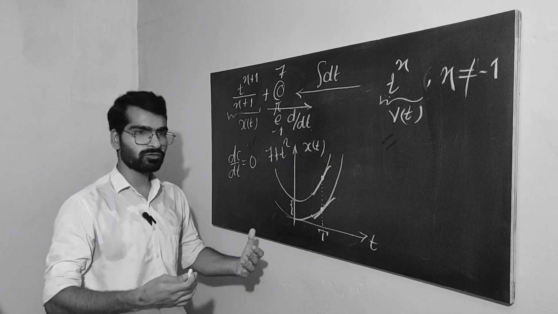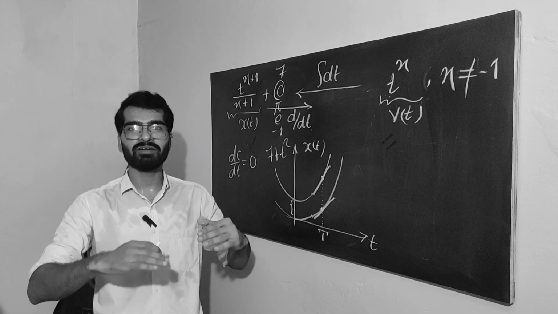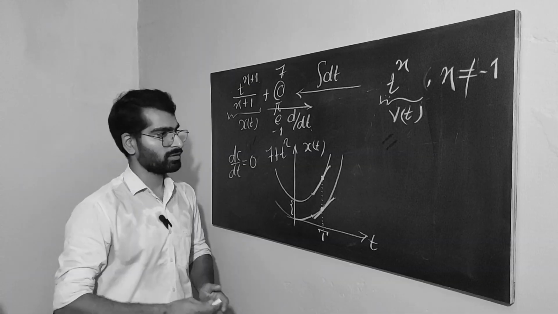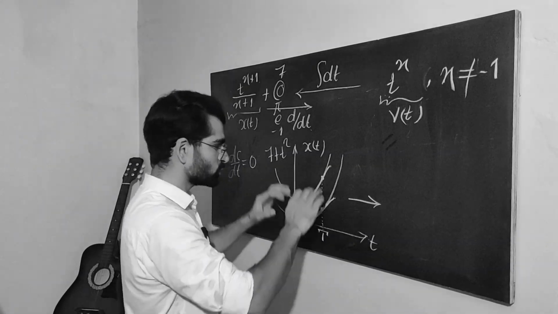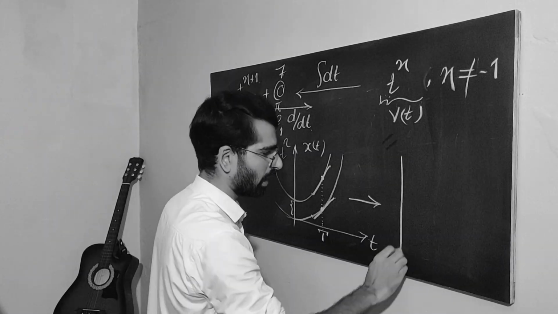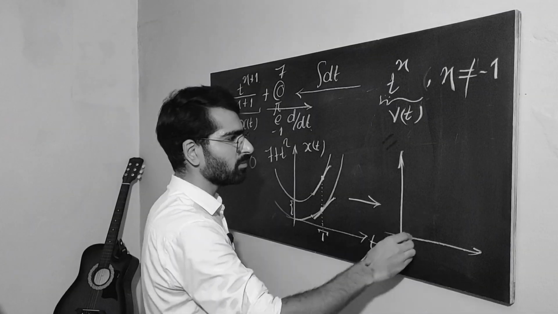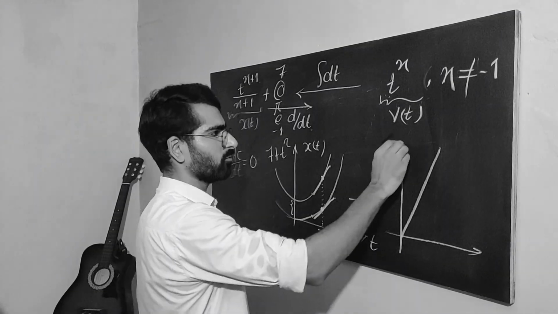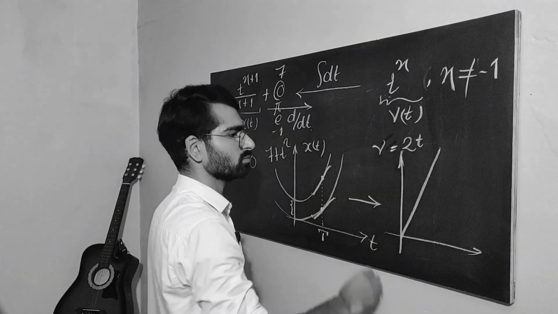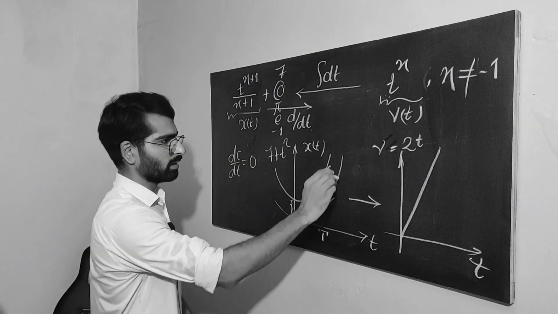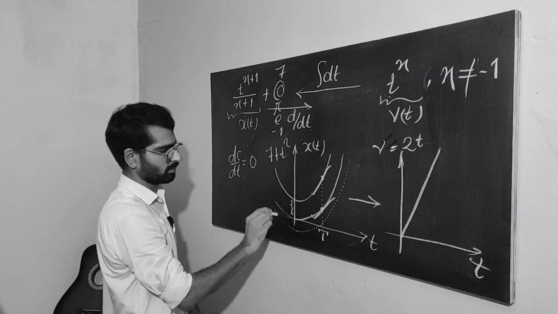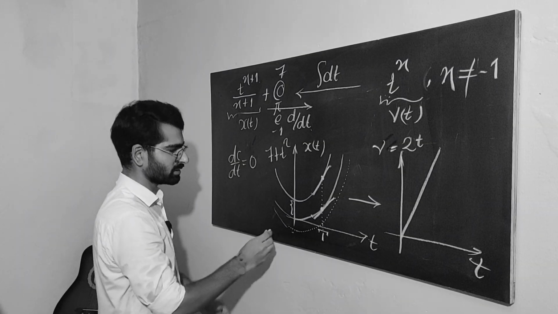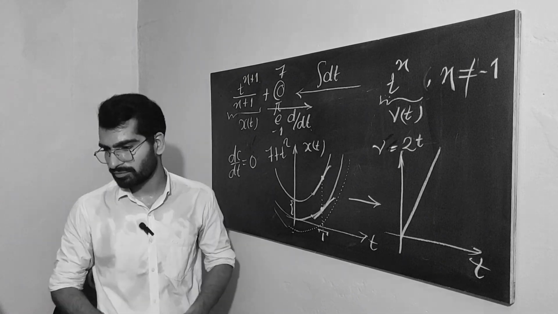It's just that your friend's car is always 7 meters ahead of you. So these two functions are going to have the same velocities, which is 2t. Or you could take minus 1, then it just comes down. That's the difference.